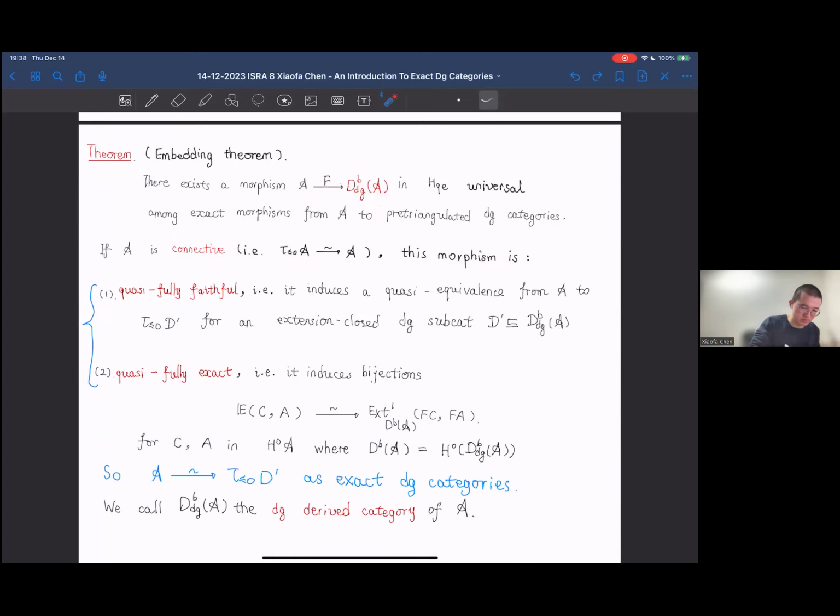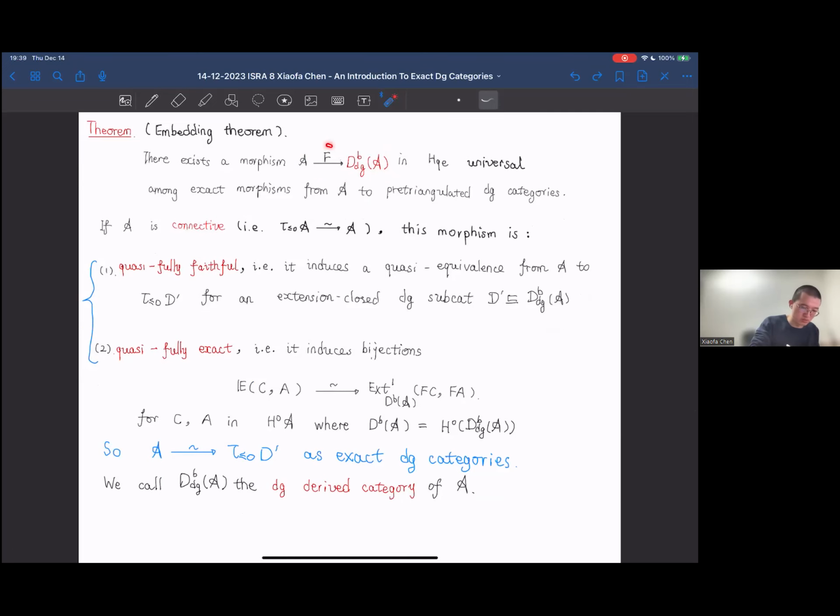Namely, this morphism induces a quasi-equivalence from A to the truncation of a certain extension-closed subcategory D prime of this pretriangulated category. And quasi-fully exact means that this morphism induces bijections between this bimodule over H0 of A and this extension bimodule of this triangulated category, and this triangulated category is just H0 of this pretriangulated DG category.